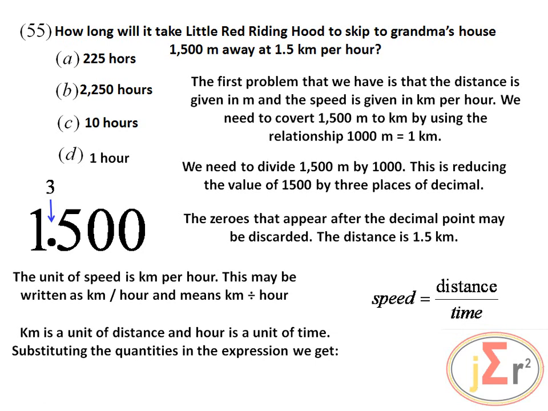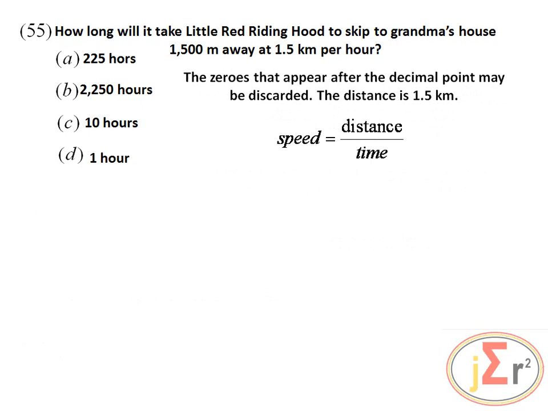But we need to determine what? The time, which is how long it took Red Riding Hood to skip to Grandma's house 1,500 meters away. So we are going to determine the time that was taken. The zeros that appear after the decimal point may be discarded, as we have done before.